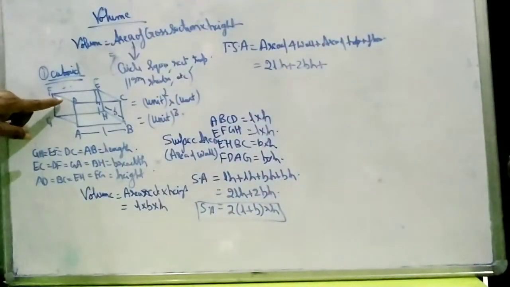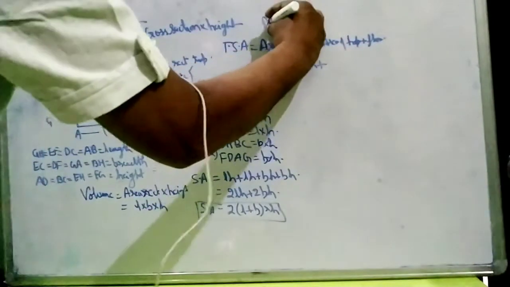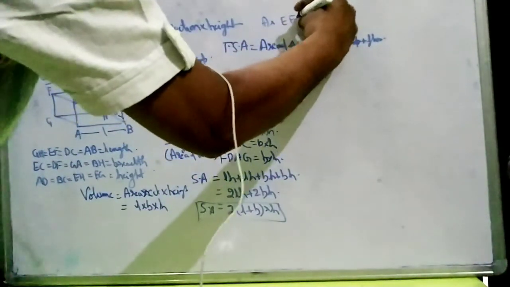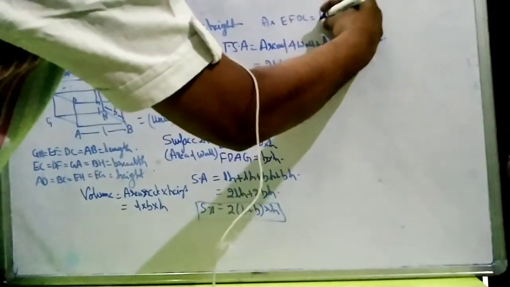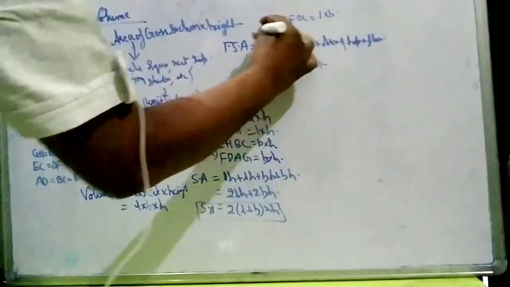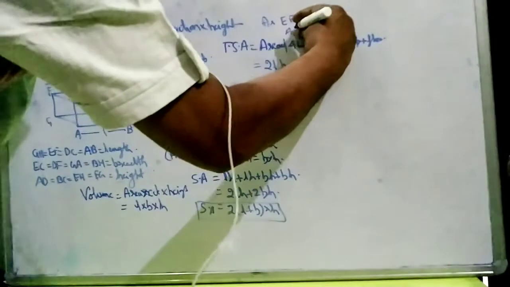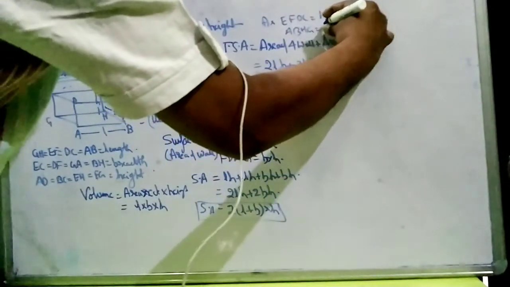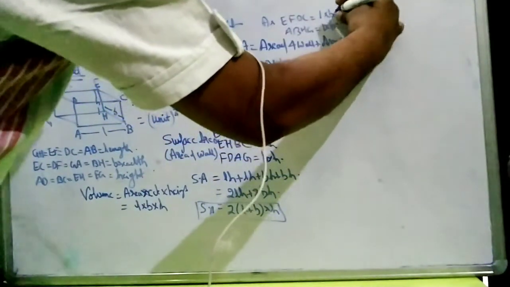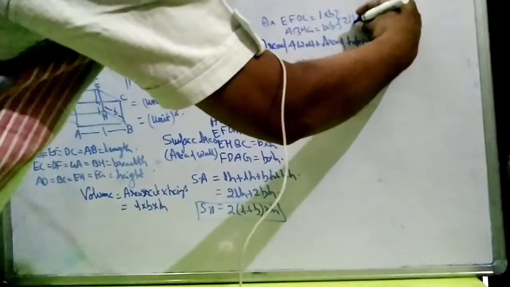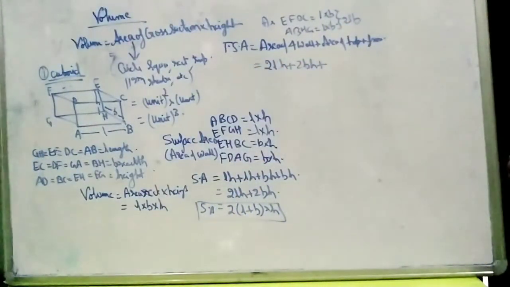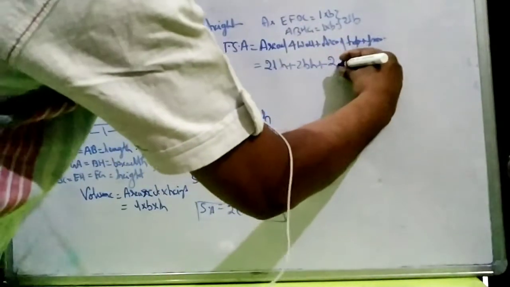Area of top, EFDC, is L into B, and area of ABHG is also length into breadth. So commonly it will become twice length breadth, 2LB.